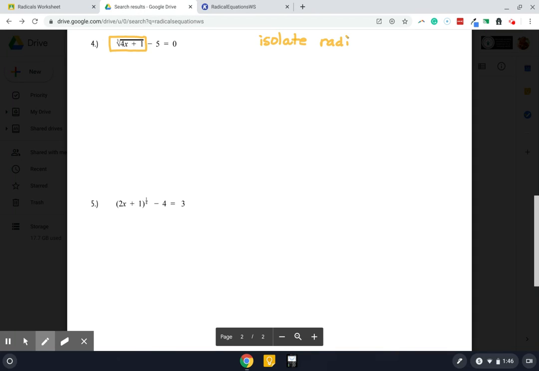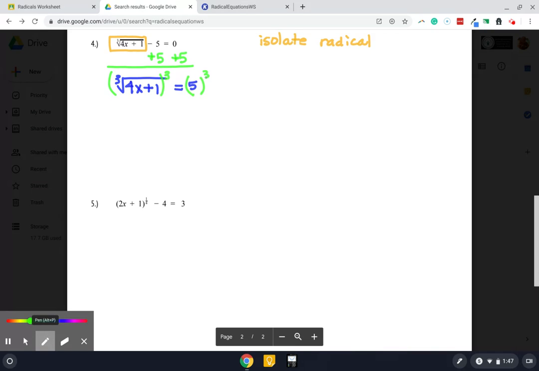Okay. So now I've got my cube root, 4x plus 1 equals 5. Now that I've gotten my radical alone, now I bust out the exponent and raise both sides to the 3rd. 4x plus 1 equals 125. That gets a little large, but we're okay with that. We're feeling good.